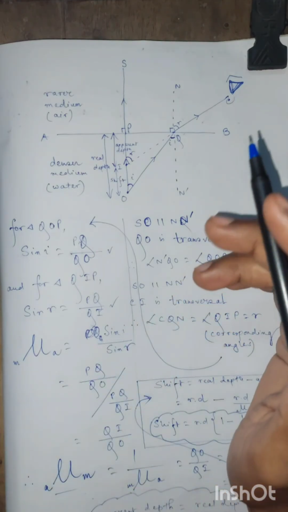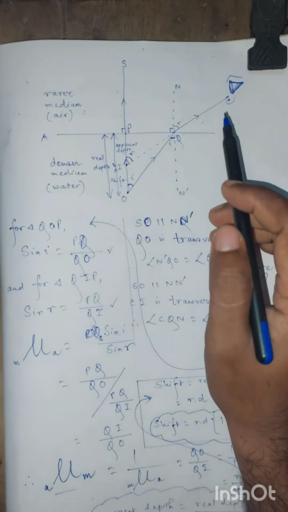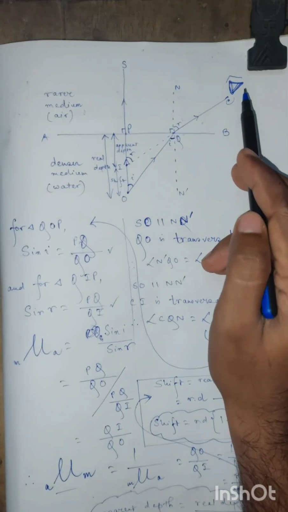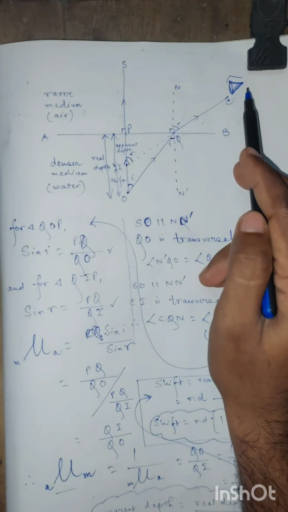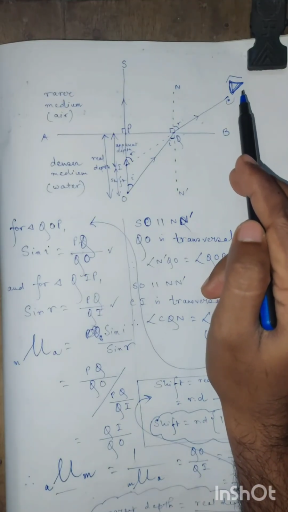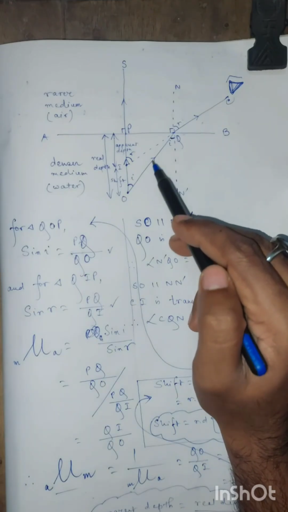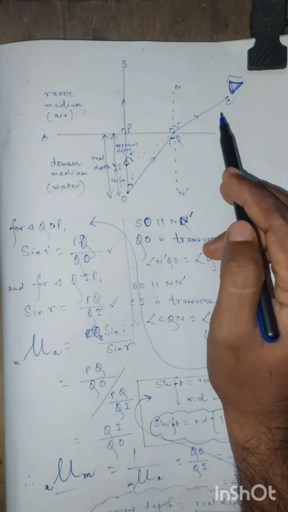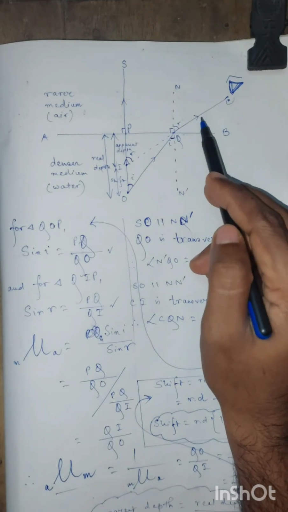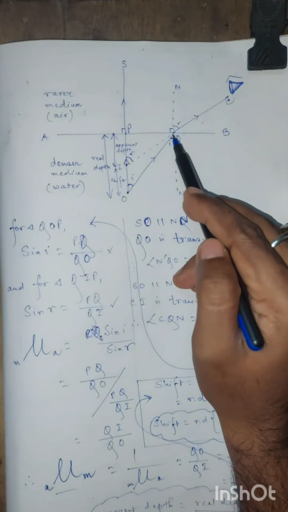Now, if we place our eye in the rarer medium, our eye will not be able to see the bent path. So it will assume that the light ray is coming from this point.